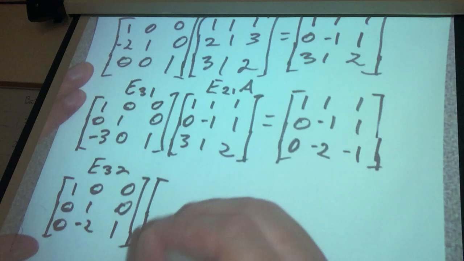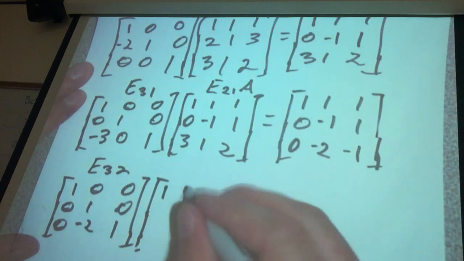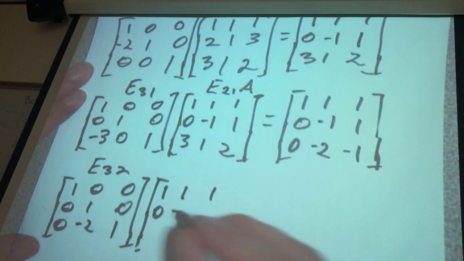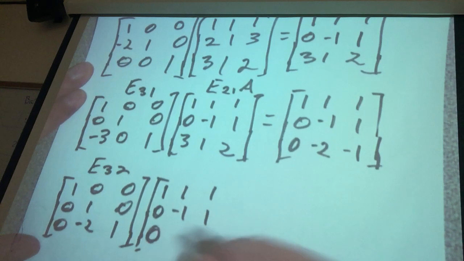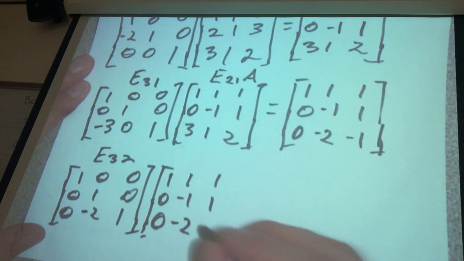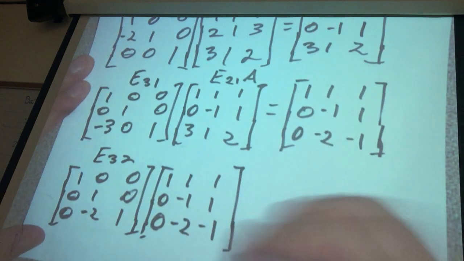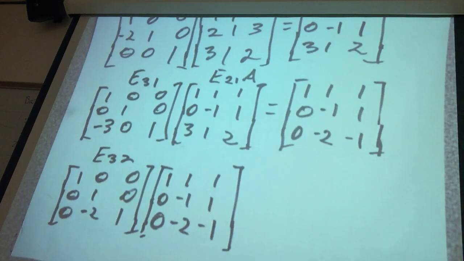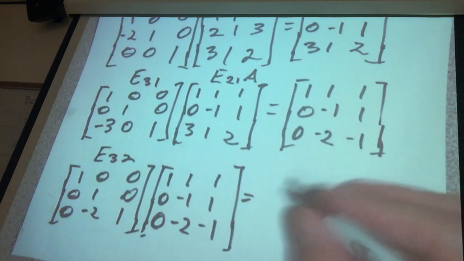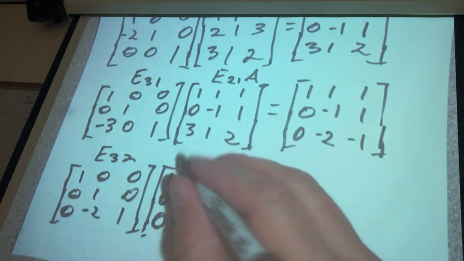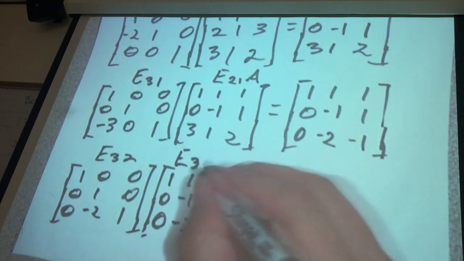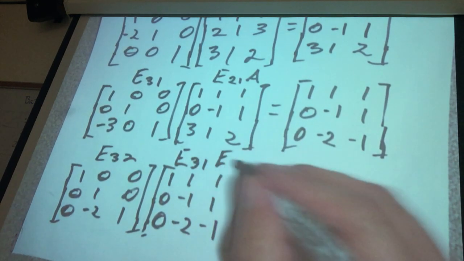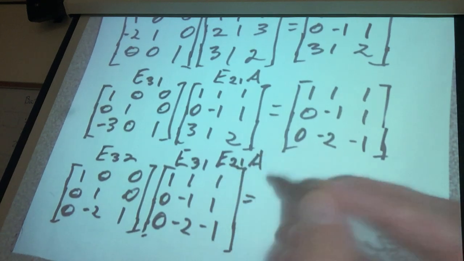Now this is going to act upon that guy right there, which is 1, 1, 1, 0, negative 1, 1, 0, negative 2, negative 1. And this is E31E21A.